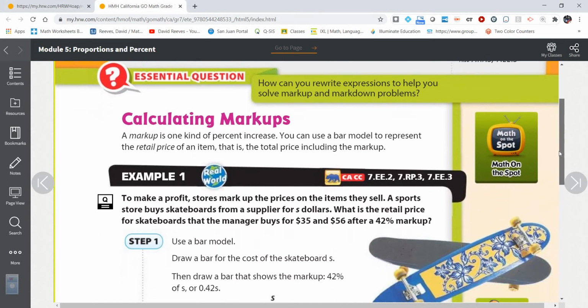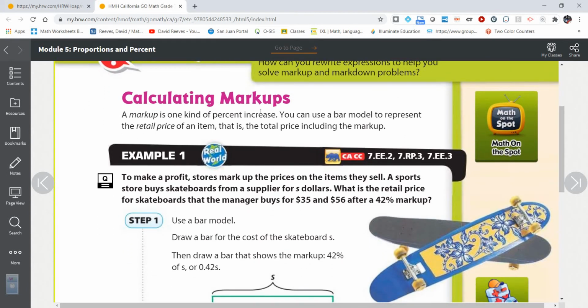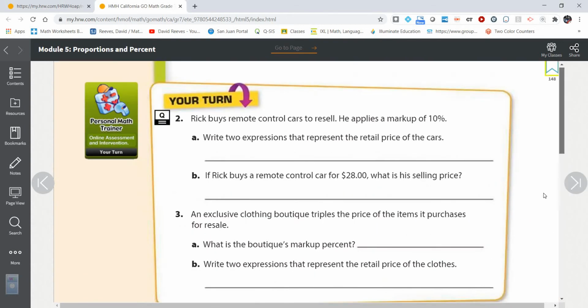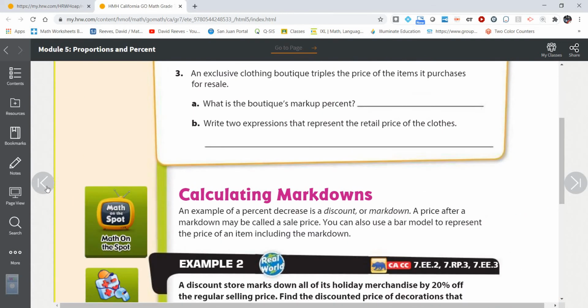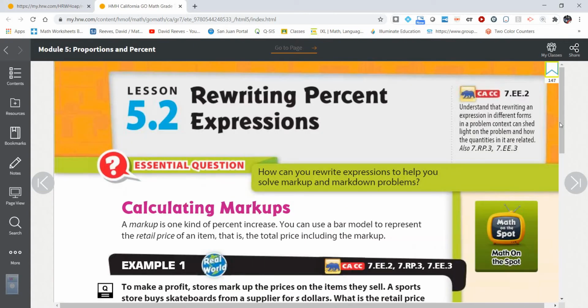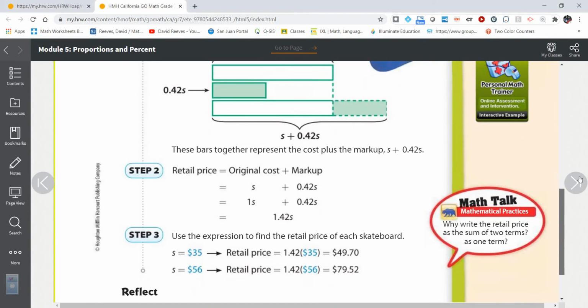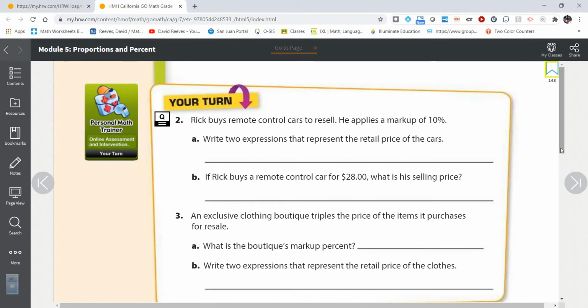A markup is when you have a percent of increase, so the price goes up. A markdown is when you have a price decrease and then the price goes down.